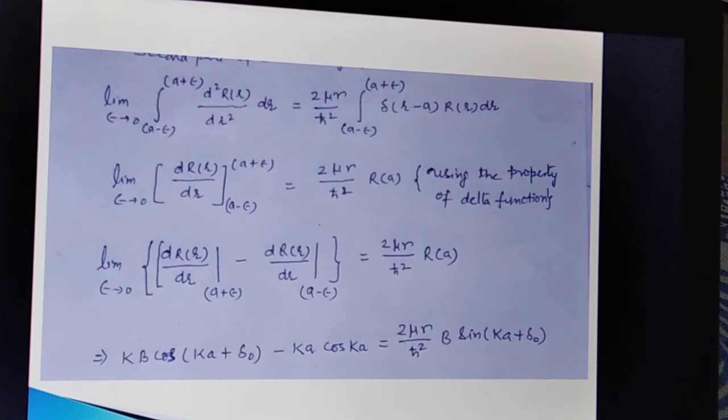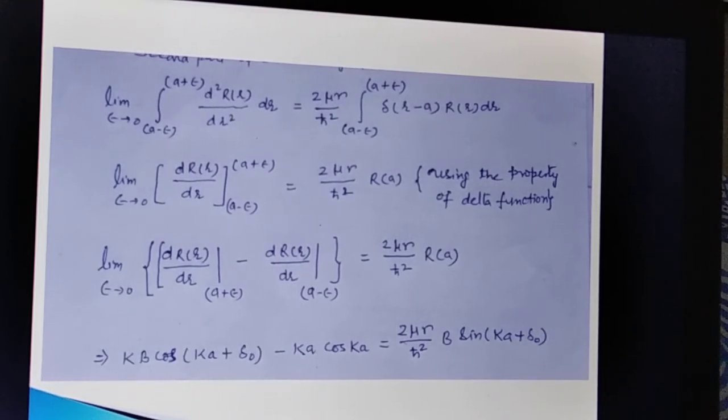So this equation can be written as, for epsilon tends to 0, integration from a minus epsilon to a plus epsilon of d square R(r) over dr square dr, equal to 2 mu gamma over h cross square integration from a minus epsilon to a plus epsilon delta(r minus a) R(r) dr. On integrating and using the property of delta function, we have limit epsilon tends to 0, dR(r) over dr at a plus epsilon minus dR(r) over dr at a minus epsilon, equal to 2 mu gamma over h cross square R(a).